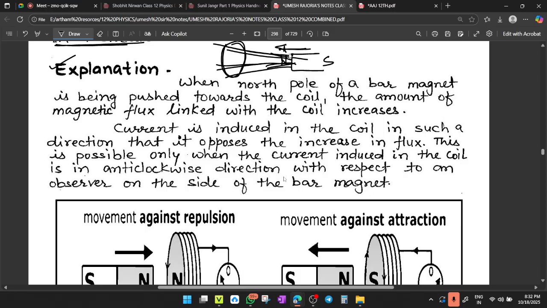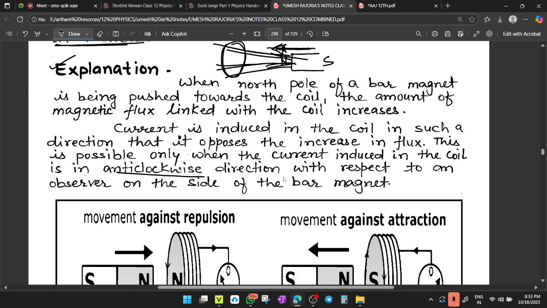What to oppose? Oppose the coming nearer of north pole. So it will develop a north pole. So current is induced in the coil in such a direction that it opposes the increase of flux. This is possible only when the current is induced in the coil in anti-clockwise direction.